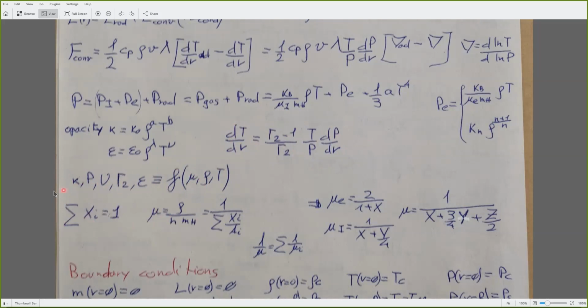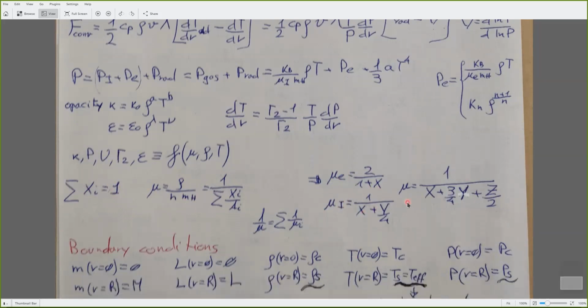Then last, the condition for chemical composition that gives us the mass fractions, where the sum of mass fractions is 1, and then the definition of the atomic mass in general and the typical values for the electron atomic mass and ion atomic mass.